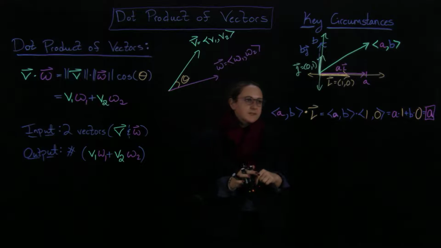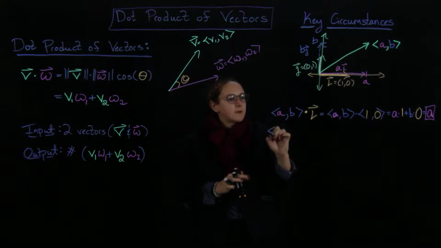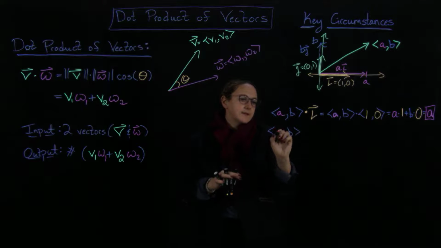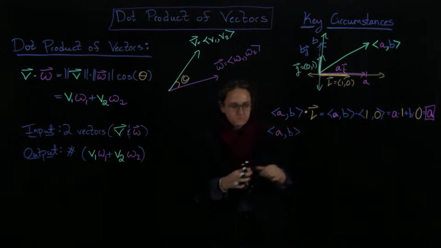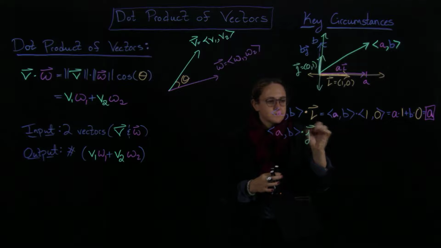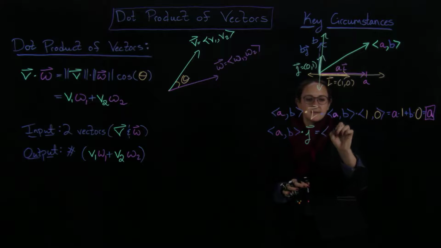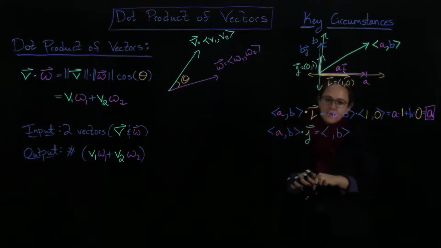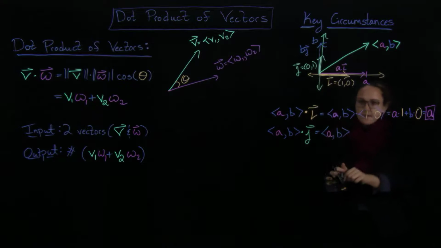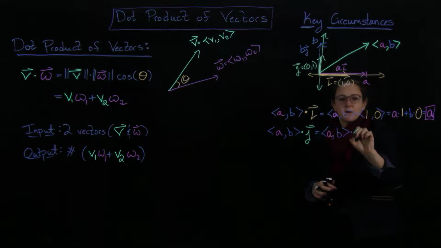Now what happens if I dot with J? If I want to take the same vector and dot it with J, what do I get now? So I have A, B, and now I'm dotting it with 0, 1.